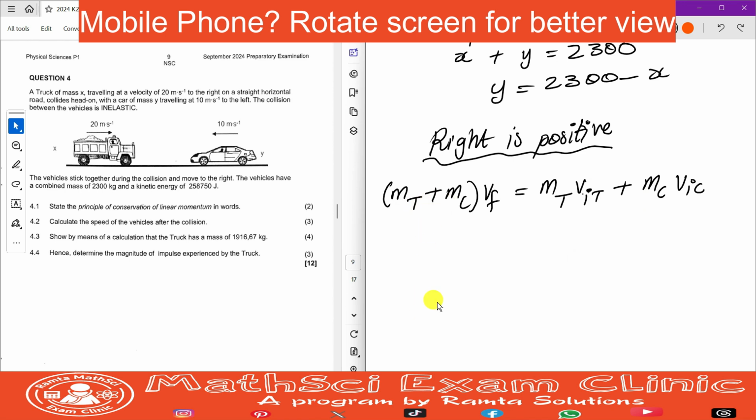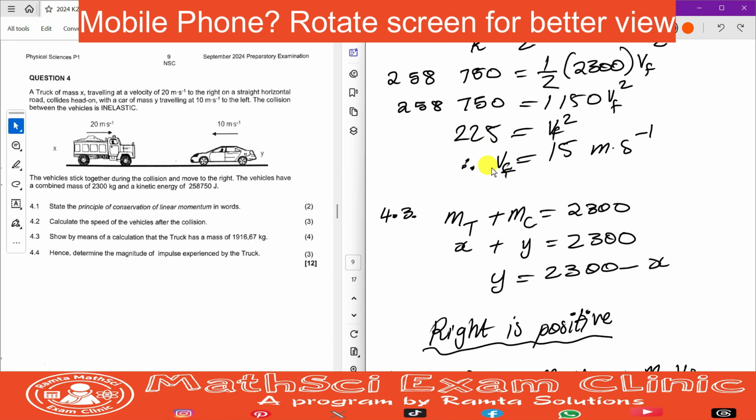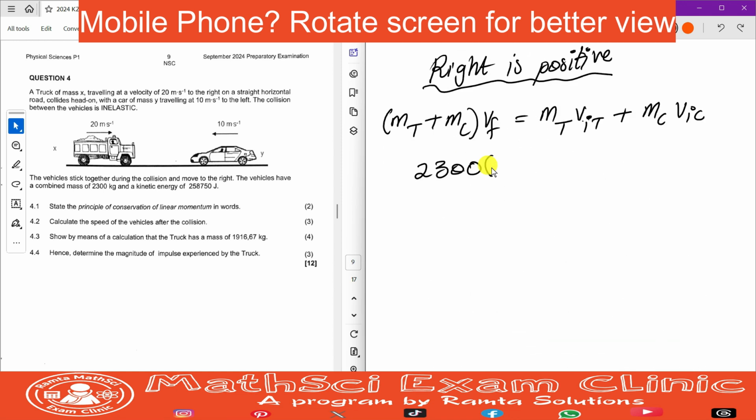What is this part here? We don't have to waste time. We know that it is 2,300. And what is the final velocity? We got it to be 15. They said they stick together and move to the right, so it's going to be positive 15 because we said to the right is positive. Mass of the truck is x, and its initial velocity is 20 meters per second to the right, so positive.